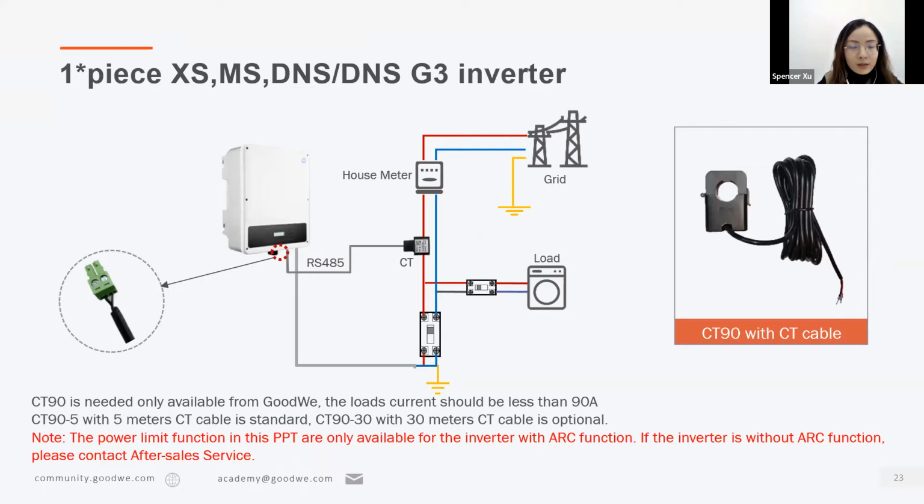Standard CT is the CT90/5, which means it's a 5-meter CT. And if the distance is longer, you can also choose a CT90/30 as an optional choice.